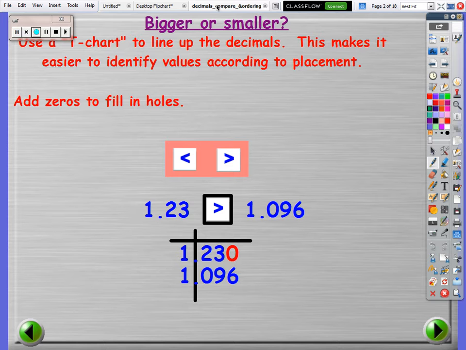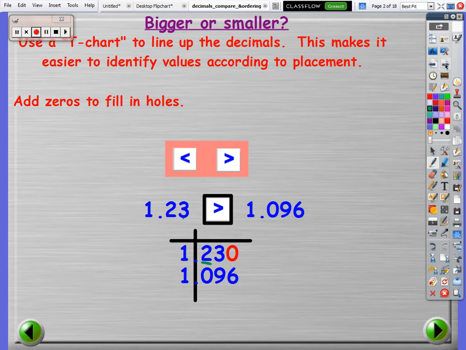If you use a T-chart, the decimal goes right on the line, and then you can put your numbers in. Notice I added a 0 placeholder, so then I can compare. My 1s are the same. Oh, right here's where my difference is. My 2. So the 1 in 23 hundredths is greater than the 1 in 96 hundredths. That's how you use a T-chart. Once again, you add the zeros to fill in any holes, those 0 place marks.